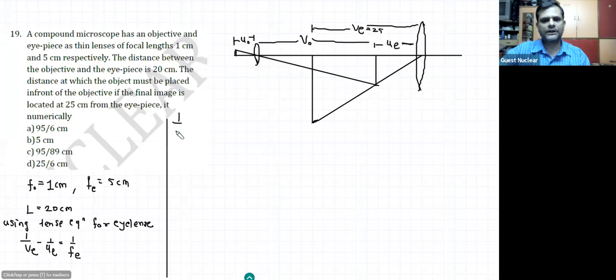It is given to be 25 centimeter, minus 1/UE. So UE is actually to be found out, and that is equal to 1/FE, where FE is 5 centimeter. Okay, and that is also positive. Okay, so just solve this further, and we can get this.